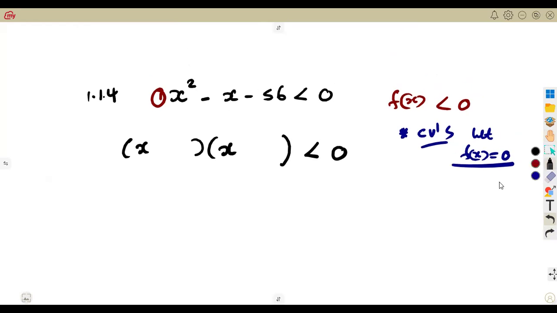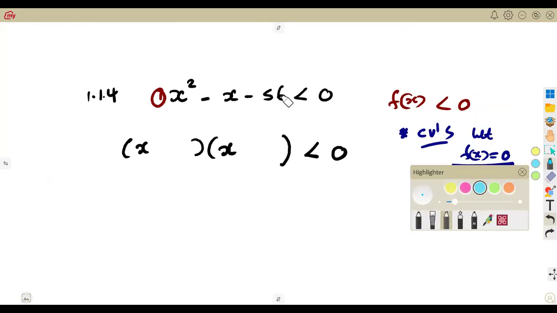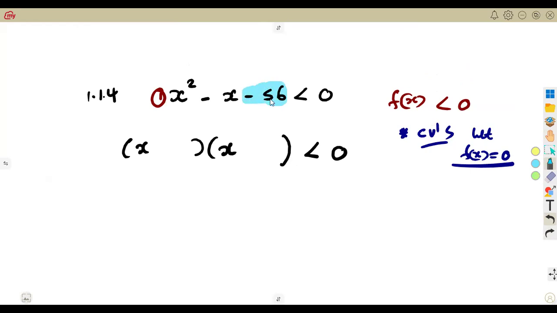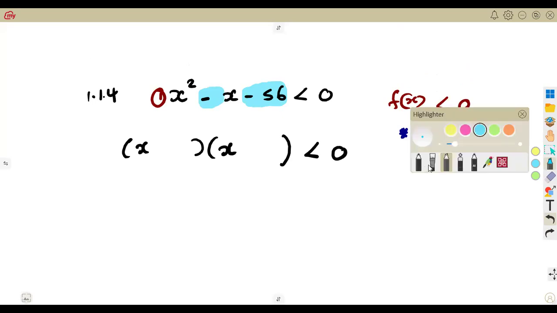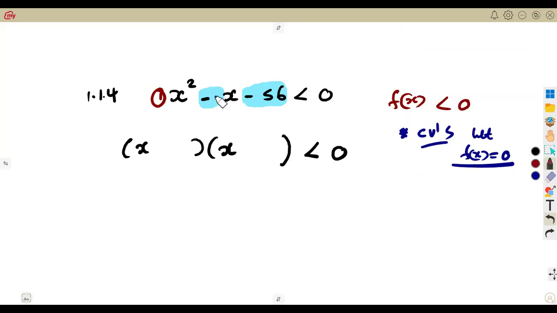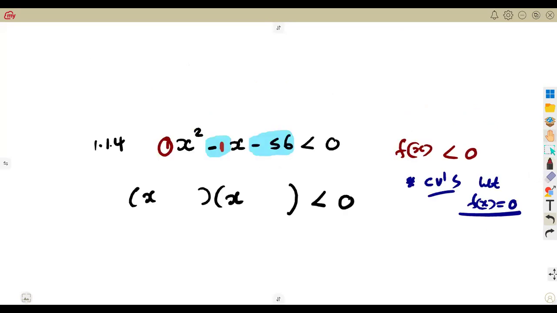Then considering the constant, what is our constant? Negative 56. You multiply two numbers to get minus 56, but when you add the numbers, you must get minus 1, which is the coefficient of x. So do we have two numbers?